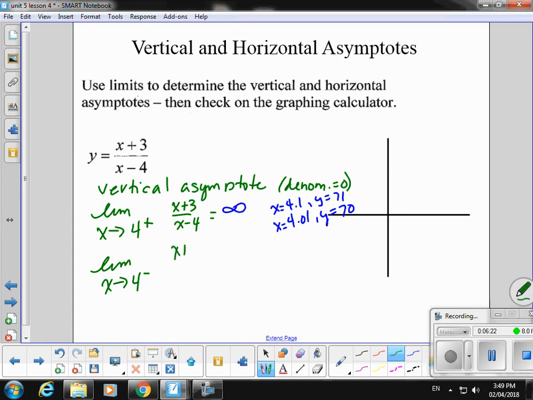As I approach from the left of my function, I am going to try values of 3.9 and 3.99. When I put 3.9 in, I get 6.9 divided by negative 0.1, which is negative 69.